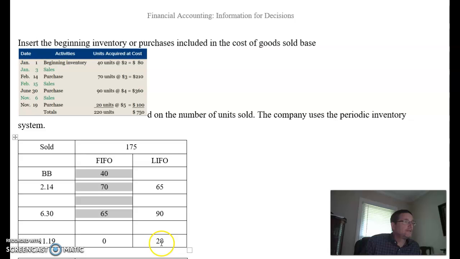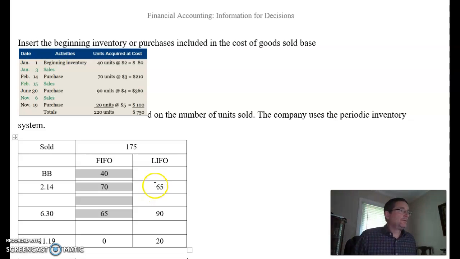So 20 goes here, then 90, not 65 like we did with FIFO, but right here. So now we're at 110, right? And we only need 65 more. We look here and 65 is less than this, so we write down 65.